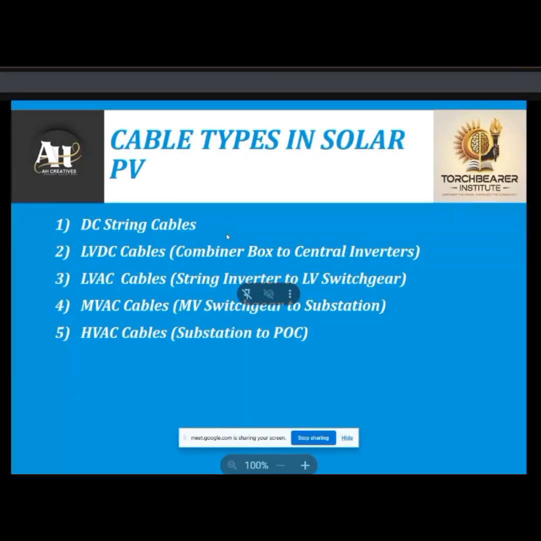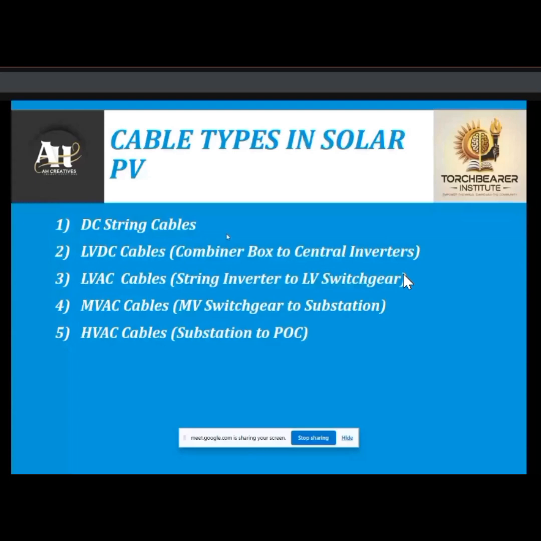This cable is the LVDC cable, which is on the higher mm values, like 185 mm square, 150, 240, 300 and 400. But the string cables are 4 mm, 6 mm, maximum 10 mm. Mostly 6 mm is used, but for different reasons we sometimes have to use 10 mm cables. The third one is the LVAC cables.